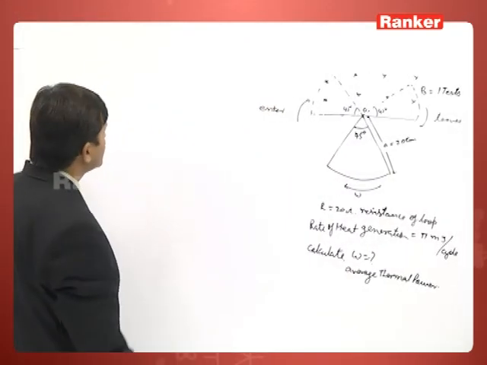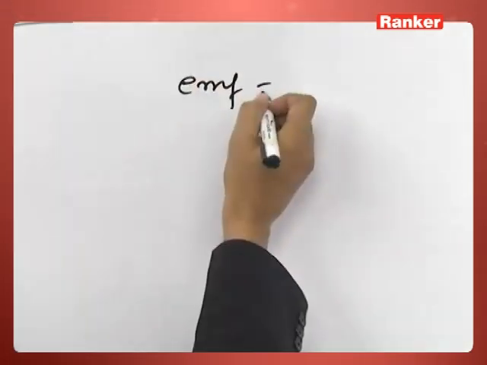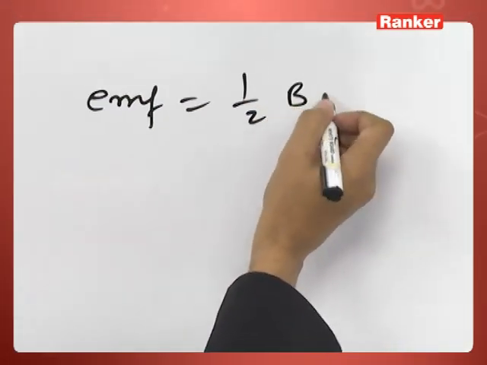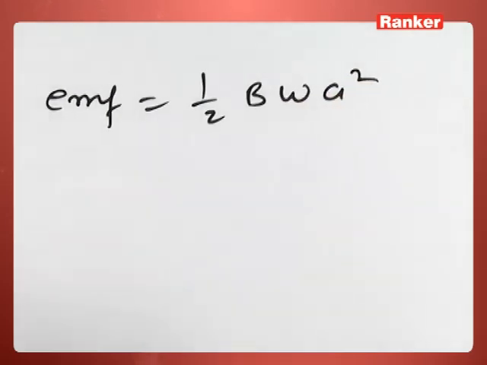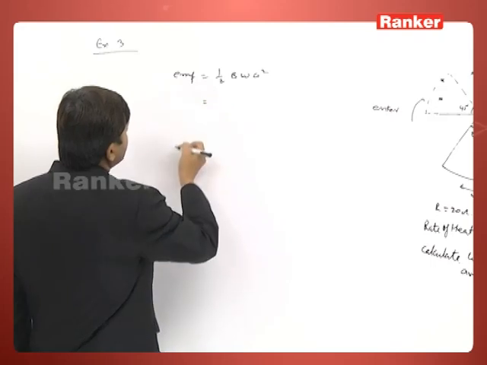So how to calculate heat? First of all, EMF. EMF is given as half B omega A square. So EMF is this much, and that value we can get.